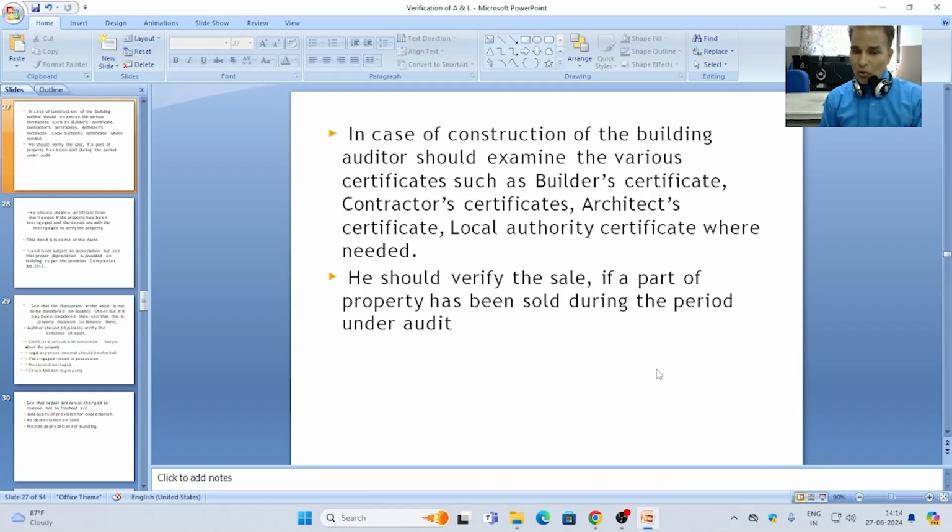The auditor should also verify the sale if a part of property has been sold during the audit period, and he should also verify the profit earned or loss suffered, if any, on the sale of a part of property and the treatment of this profit or loss in the profit and loss account or balance sheet.